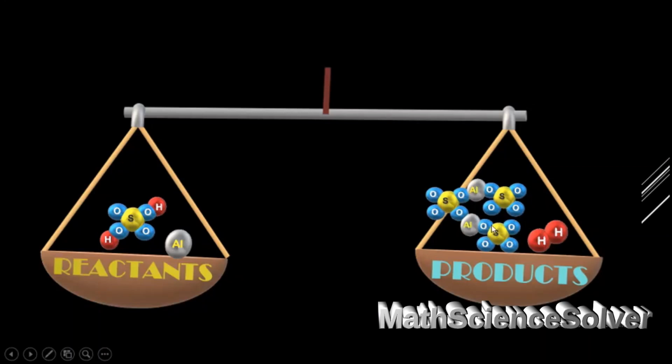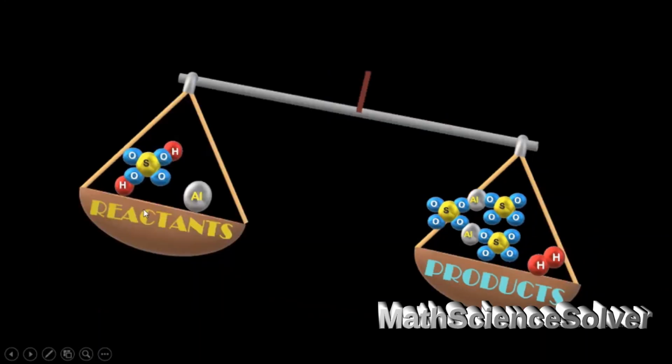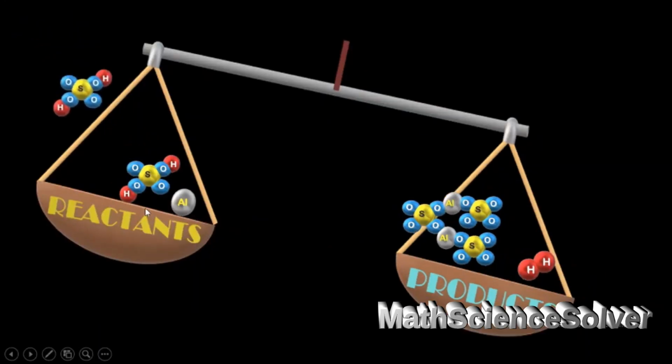So let us make sulfur 3 on the reactant side by adding 2 sulfuric acid molecules. Now we have 3 sulfur on the reactant side. On the product side also we have 3 sulfur atoms. Oxygen is 12, and on the product side it is also 12.